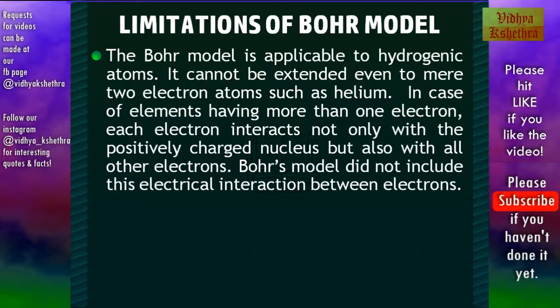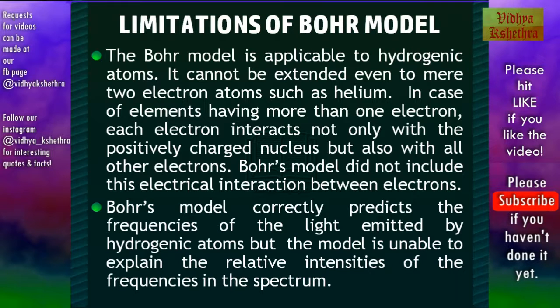But Bohr's model did not include this electrical interaction between electrons. Then second, Bohr's model correctly predicts the frequencies of the light emitted by hydrogenic atoms, but the model is unable to explain the relative intensities of the frequencies in the spectrum.